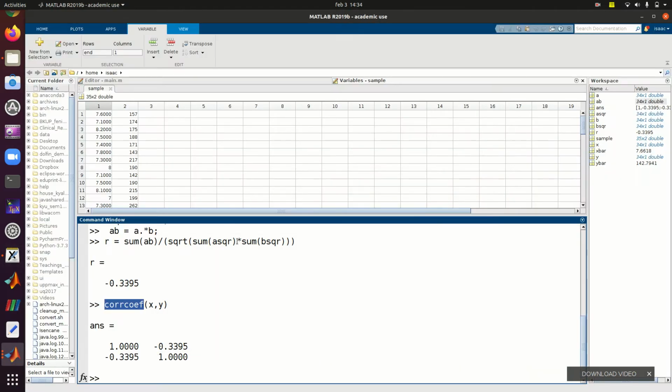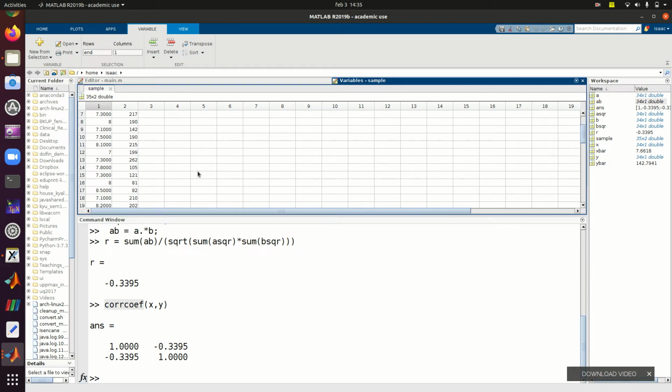Maybe a few things I really didn't talk about here because I didn't want to take a lot of time is that in this table here, which I had just saved in the workspace, it contained some values which were not numerical. Anyway, if you encounter any problem, you can always ask.